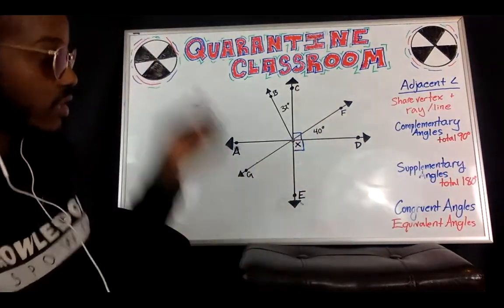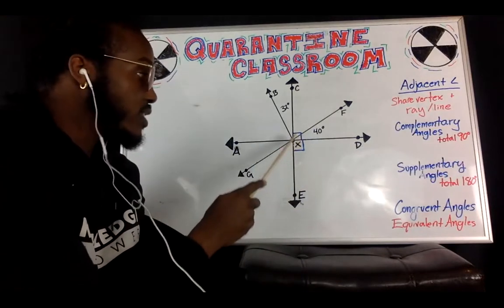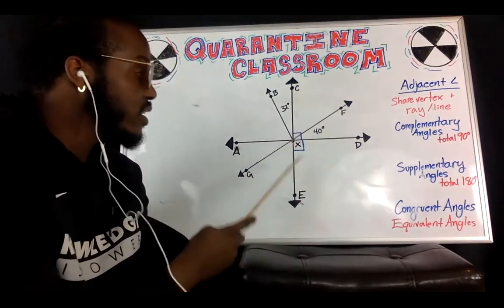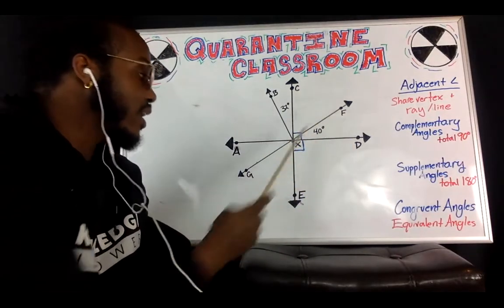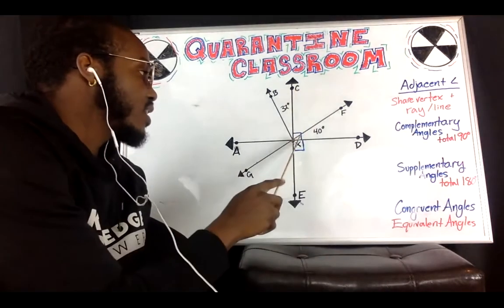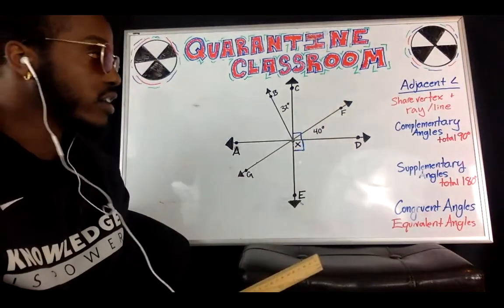The reason that we can tell is because they share the same vertex or the same point of angle formation, and they share the same line that makes their ray. So we can say that angle CXF and angle FXD are adjacent angles.